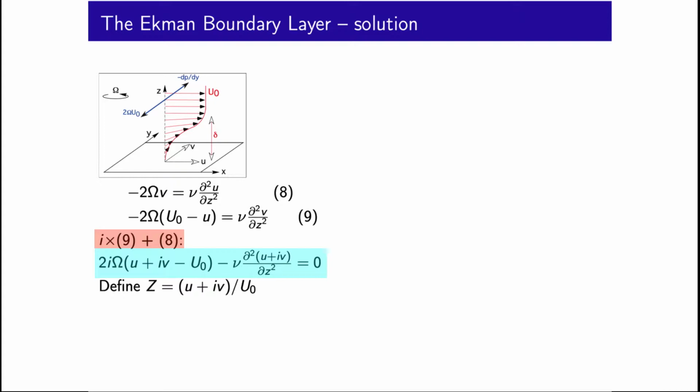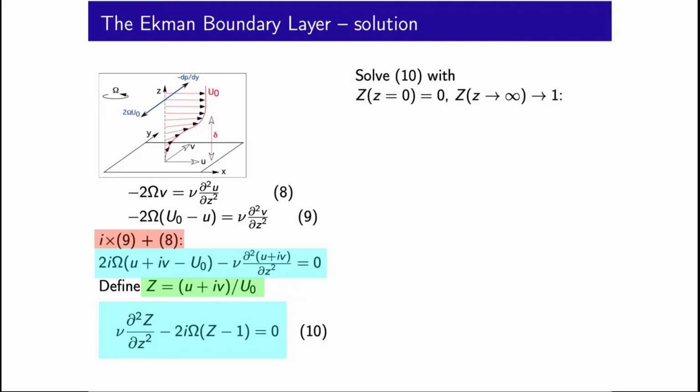Next, we define big Z as equal to (u plus iv) on u0, and we substitute this big Z back into the combined equation, giving us viscosity times the second vertical derivative of big Z minus 2i omega times (big Z minus 1) equals 0. This is now a second order equation in big Z. We want to solve for big Z with the boundary conditions of u and v at little z equals 0 and little z goes to infinity.